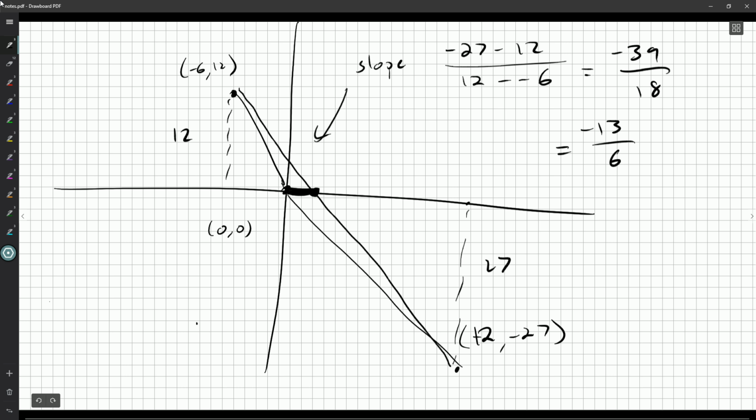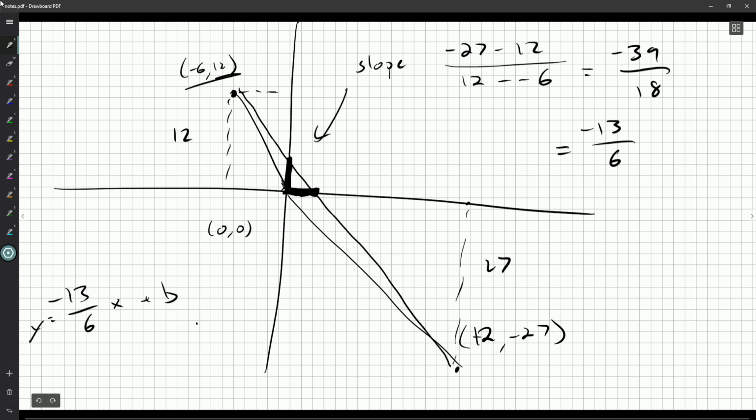Okay, so that line must be y equals negative 13 over 6 x plus some b. Actually, I'm more interested in the x-intercept, although I suppose we could do the triangle like this and then have a height of 6. Yeah, we'll just find the b value.